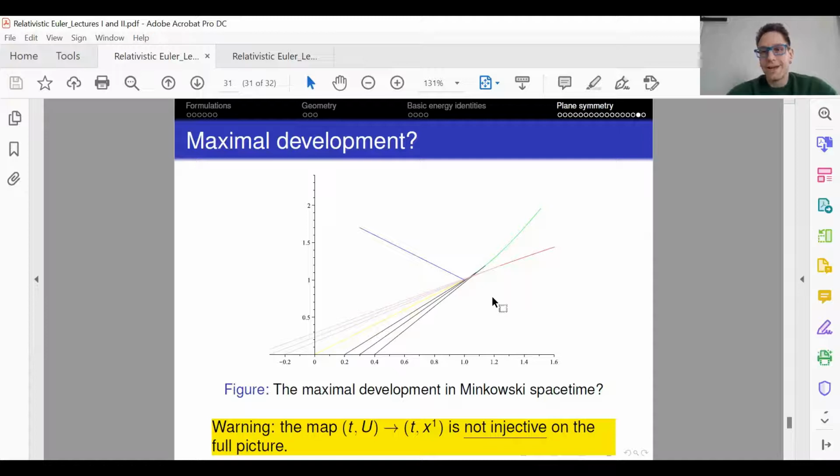So, you're faced with a real dilemma. What is going on? The real difficulty is that you in fact have non-uniqueness of a maximal development in this situation.